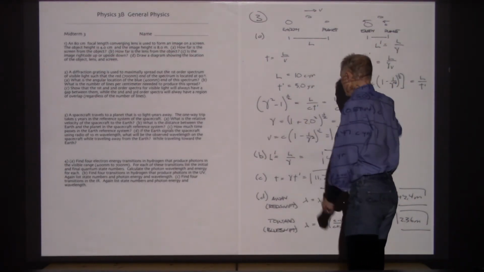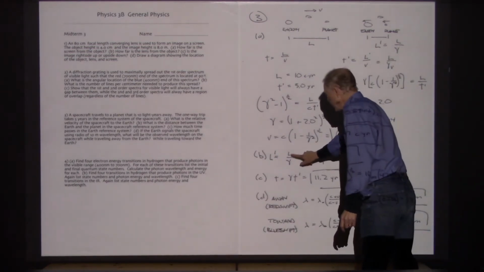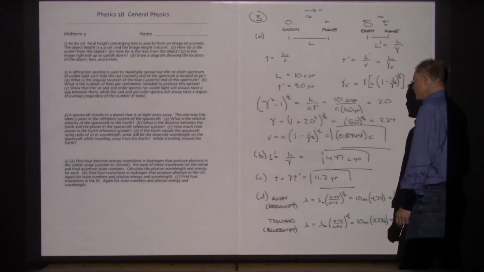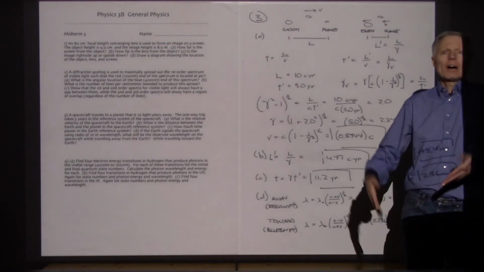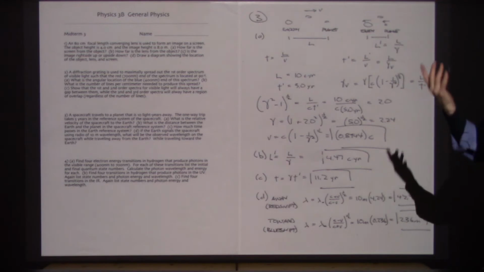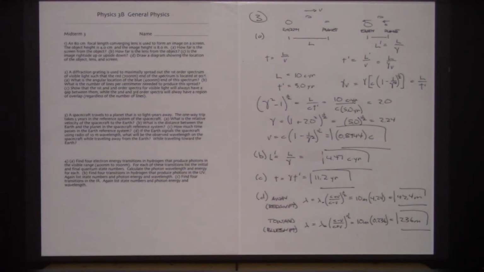How far away is the planet? Well, that would be L over gamma. That's only 4.47 light years away. So simply by coming up to speed, bringing this spacecraft up to this really, really high speed, that planet is not as far away. That star system is not as far away.